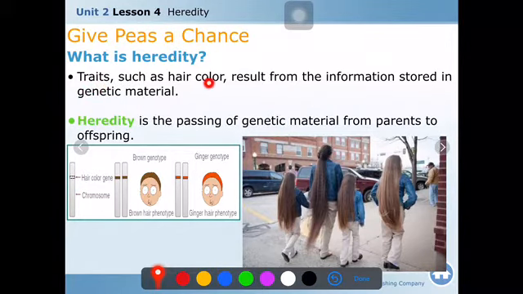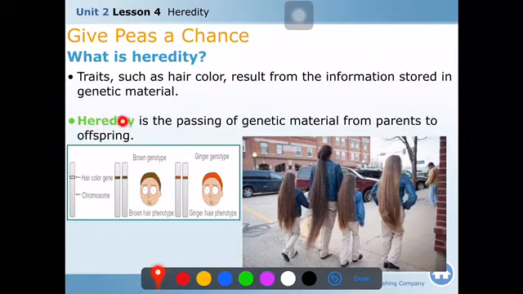Traits are each and every property, feature in our body, like hair color, different colors of different parts of our body, like our eyes, our skin, the shape of the nose, the shape of the hand, height. All of them can be said to be in the category of traits. We have different traits, and they are transmitted by genetic material from parents to the offspring.